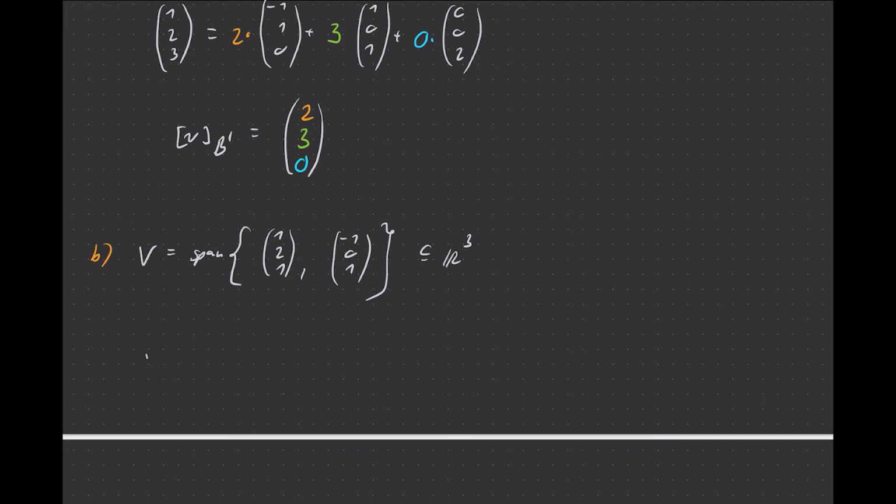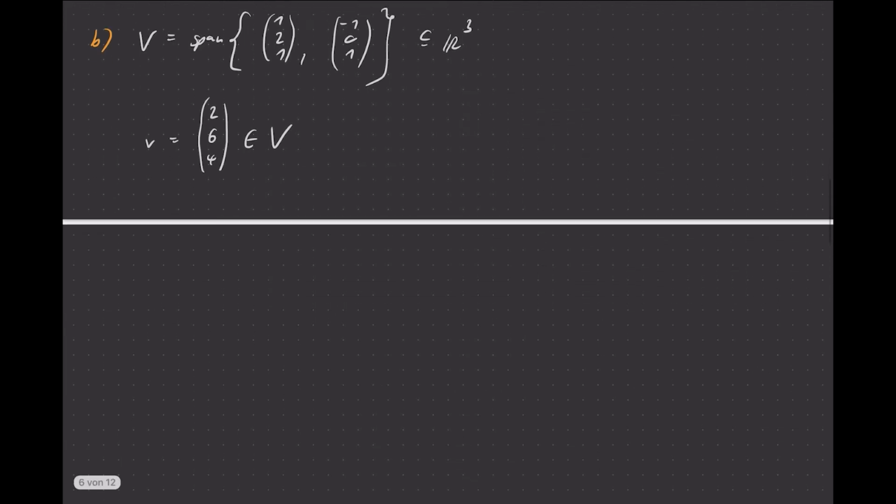Now let's take a vector here, V, let's say this is (2,6,4). And I'll just let you know that it is actually contained in capital V. You might not see that immediately, and you don't have to. And again, we choose a basis, and of course the easiest basis that we could choose is just to use these two vectors here. So let's choose this basis.